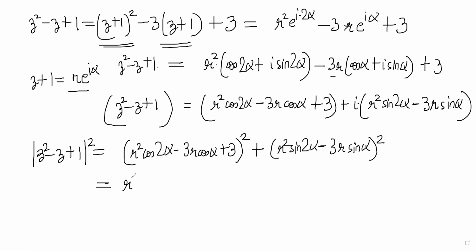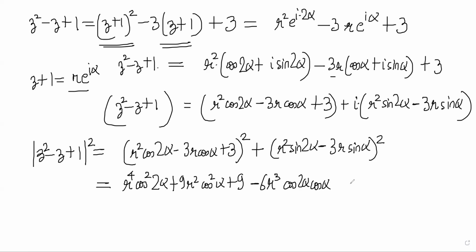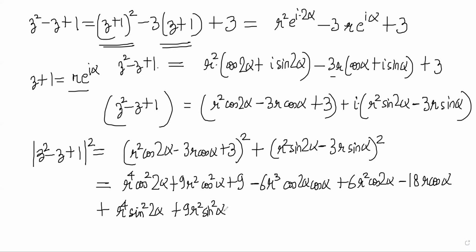So evaluating this, you'll get r power 4 cos square 2 alpha plus 9r square cos square alpha plus 9 minus 6r cube cos 2 alpha cos alpha plus 6r square cos 2 alpha minus 18r cos alpha, plus I will get r power 4 sine square 2 alpha plus 9r square sine square alpha and a minus 6r cube sine 2 alpha sine alpha after expanding it, right?